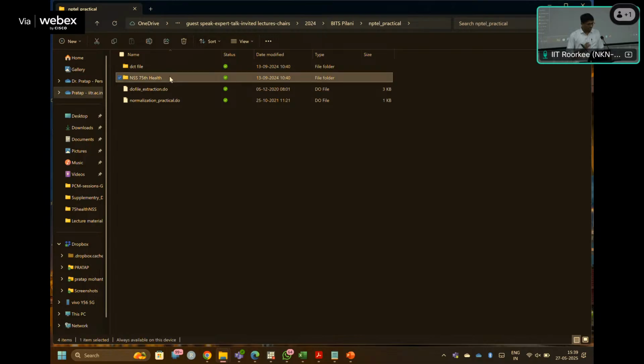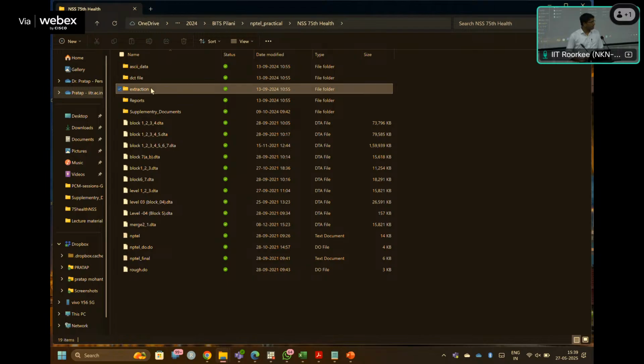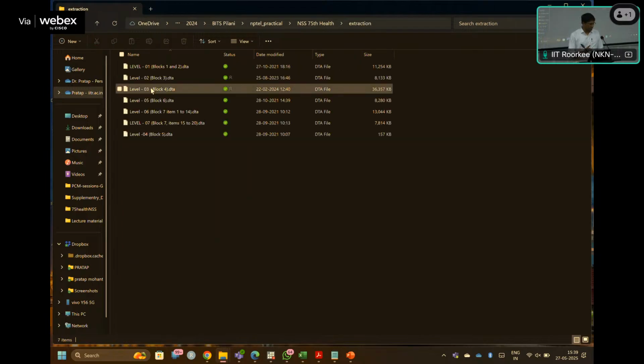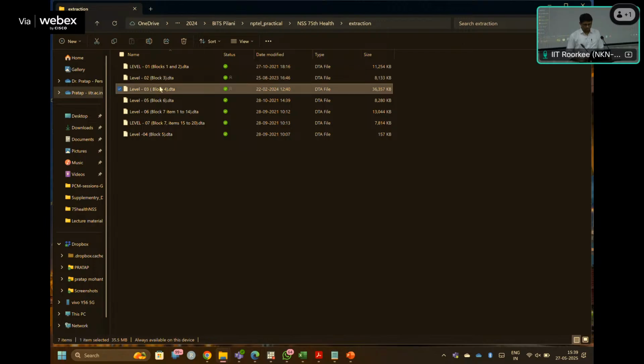I have my extracted files. Those can be extracted the way I suggested, level 2, 3, etc., here in DTA format. So I'll just open one file now. Then I'll tell you the tricks of merging the second file.